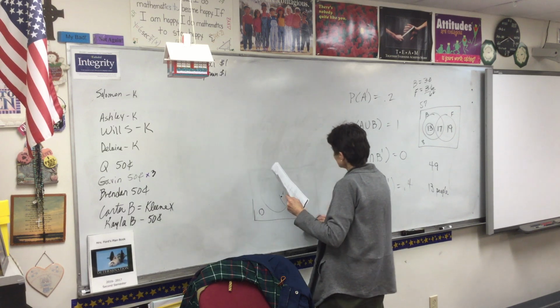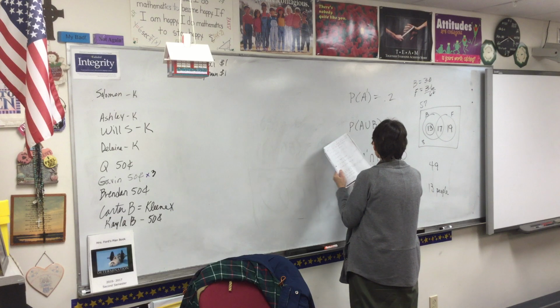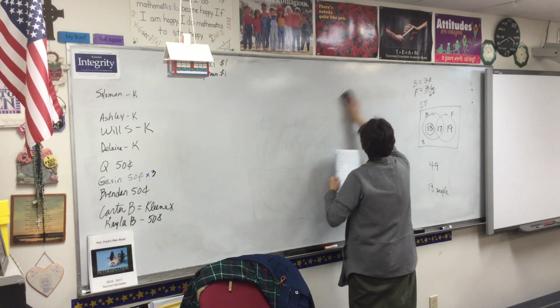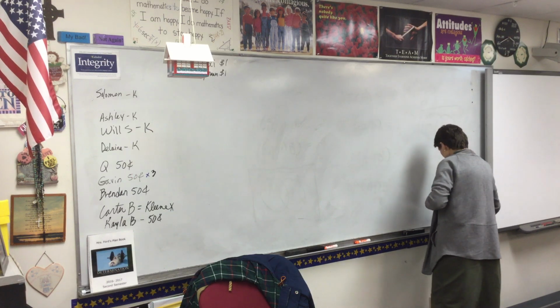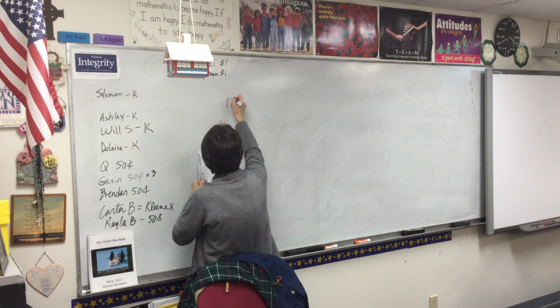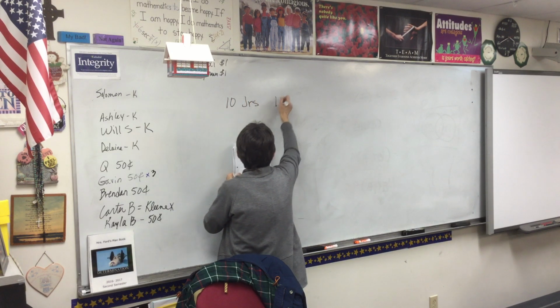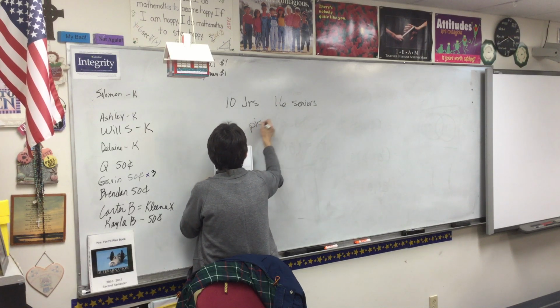Now, I think, if I recall, we're ready for page 17, letter E. So here we go. We're back with the same thing. We got 10 juniors and 16 seniors, and we are picking 5.